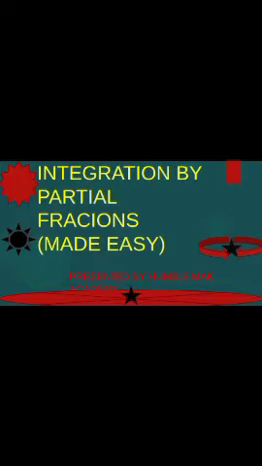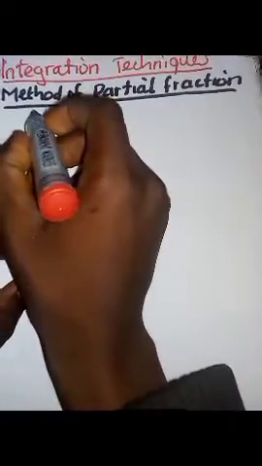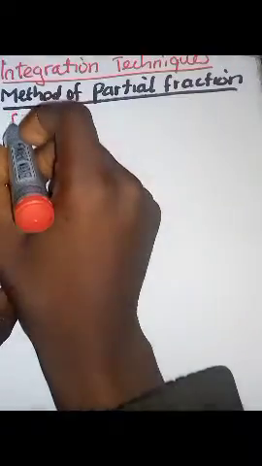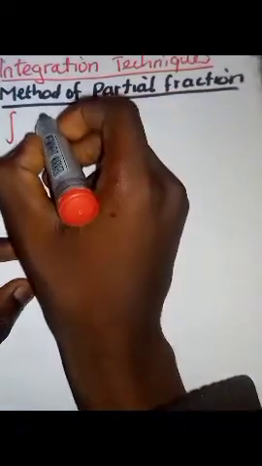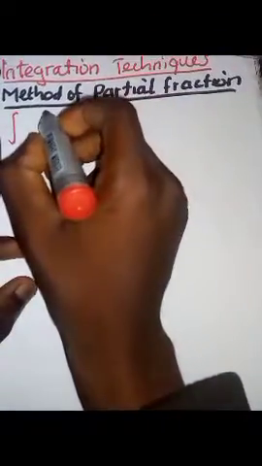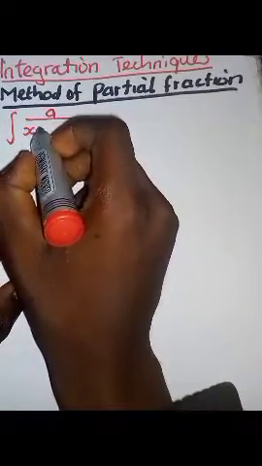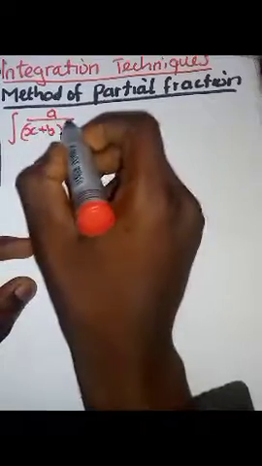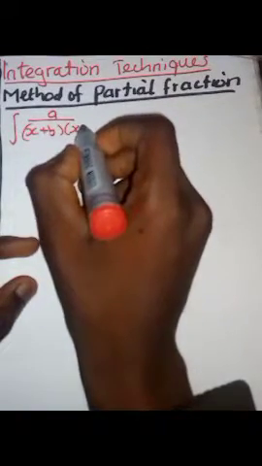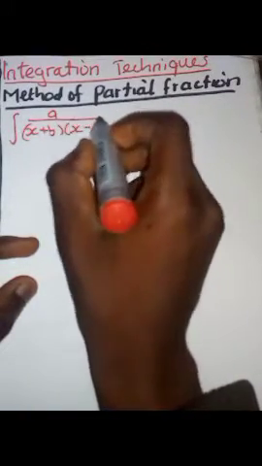Okay, let's get started. So how this method works is that you can be given an integral such as the general form of a certain partial fraction. You may be asked to find the indefinite or the definite integral of a over (x plus b) times (x minus c), dx.